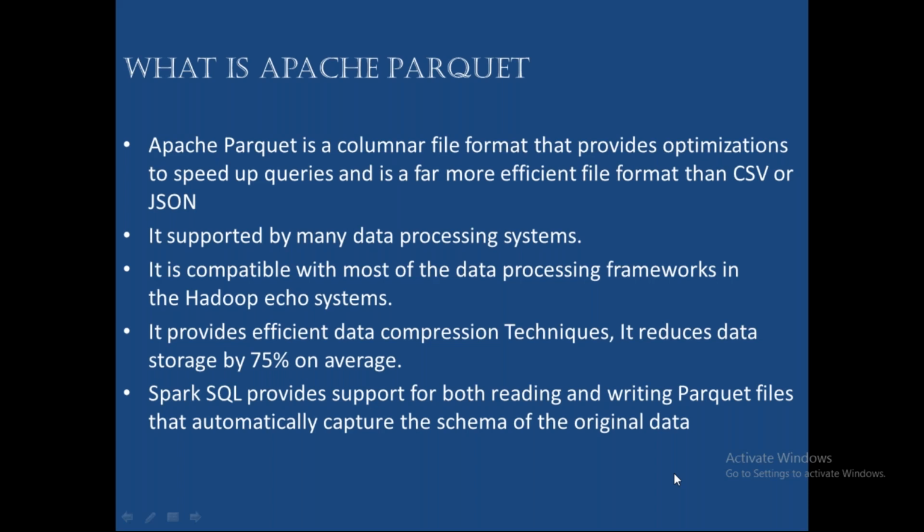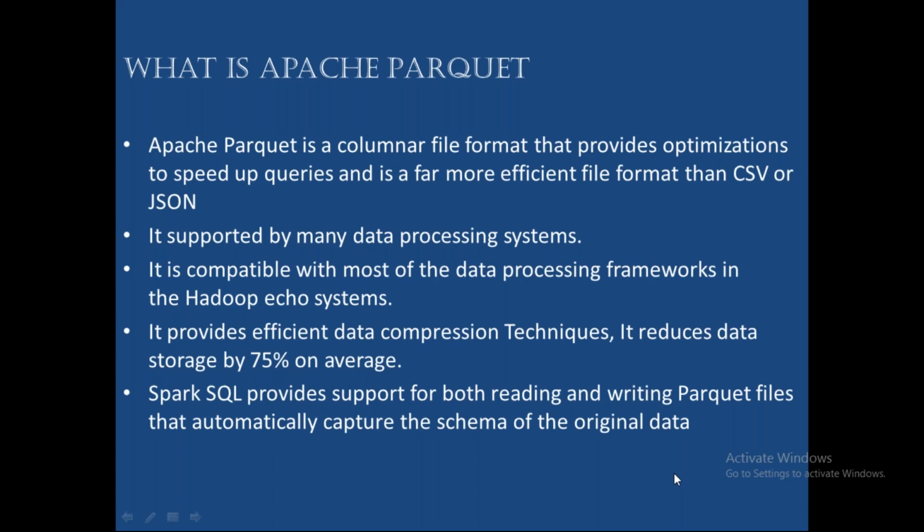In CSV, what we were doing is using inferSchema equal to true, or we were providing a user defined schema. But here it says it automatically captures the schema of the original data, meaning you need not worry about data types, everything it will capture automatically.